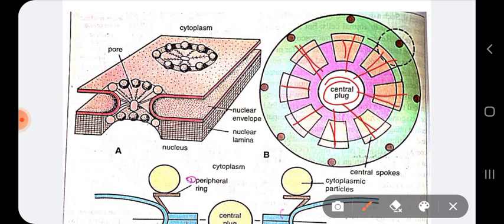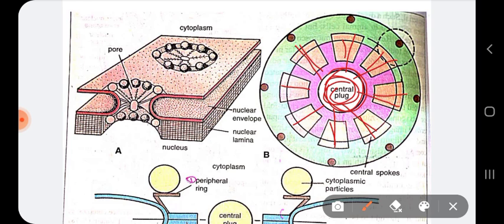The hole in the center of the nuclear pore complex is an aqueous channel through which water soluble molecules pass between the nucleus and the cytoplasm. This hole often appears to be plugged by a large central granule called the central plug, which is believed to consist of newly made ribosomes and other particles caught in transit.